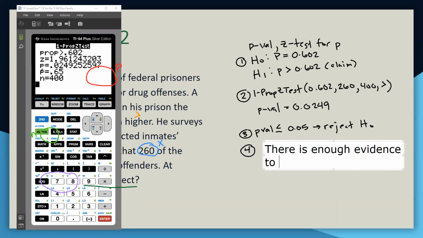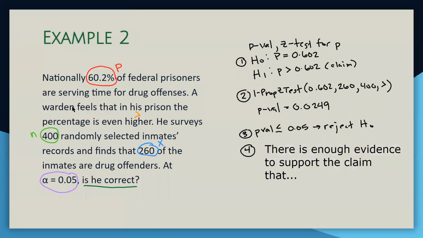And so we're talking about supporting the claim. There is enough evidence to support the claim that, and then we summarize that claim. So in this particular instance, the claim that the warden is making is that the percentage of prisoners serving time for drug offenses is even higher than 60.2.